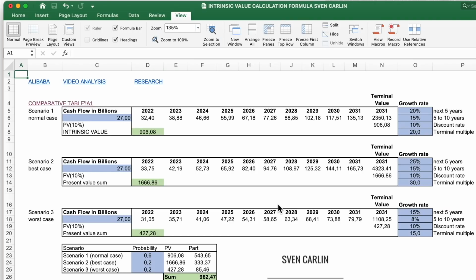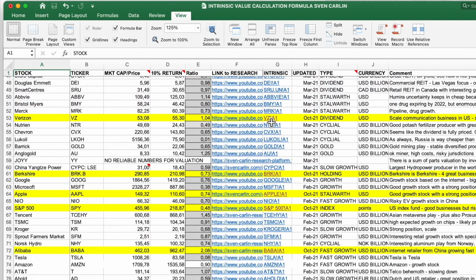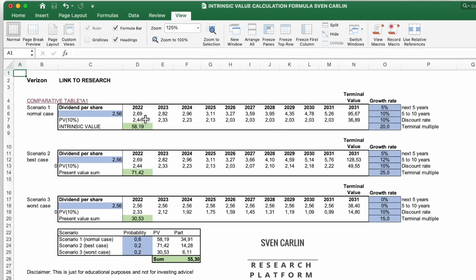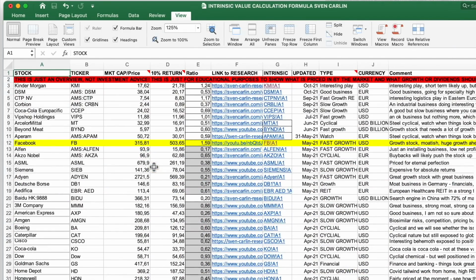Alibaba, cheap, a bargain in this case, depending on what will happen there. But even in the worst case scenario, I don't think I'll lose money on this one. Of course, talking long term; short term, anything can happen. Verizon, based on growing dividends in the long term, would give you a likely 10% return from current levels.